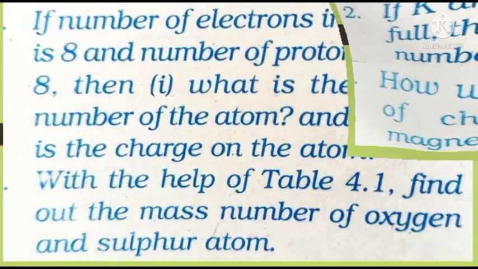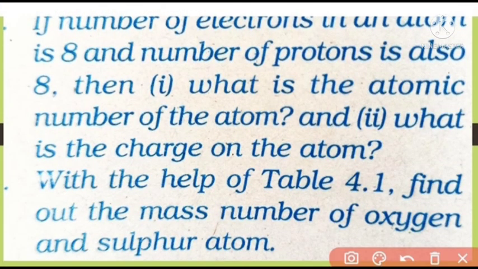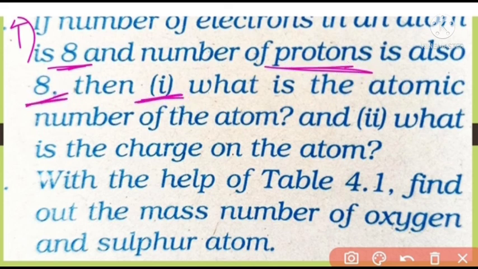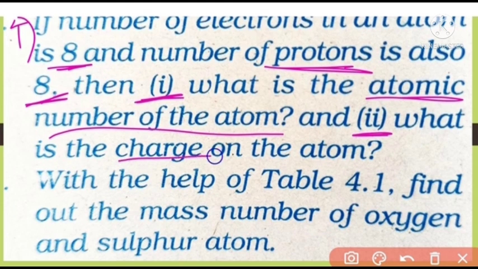The fourth assignment question: if the number of electrons in an atom is 8 and the number of protons is also 8, first, what is the atomic number of the atom? And second, what is the charge on the atom?